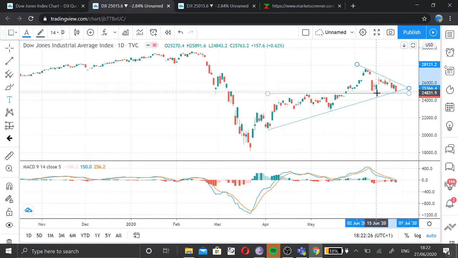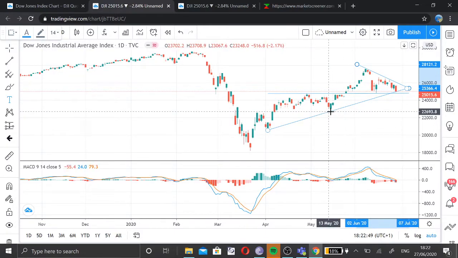It is 24843. A break below 24843 will be a first indication of weakness, and then if it breaks below 24764, then it could go further lower down to this support area over here, which is the low of 22789.